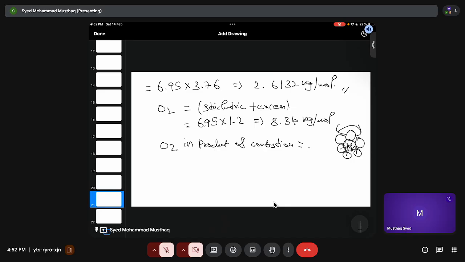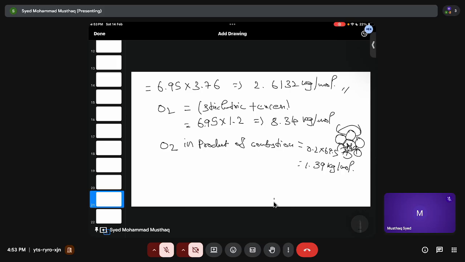Our excess will be 0.2 times 8.34, or you can take it into 6.95, and that will give me 1.39 kg per mole.